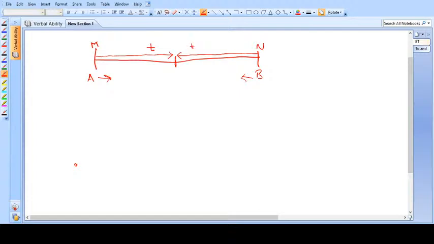Now, if we see here, let's say B takes t2 time and A takes t1 time to cover the rest of the distance.